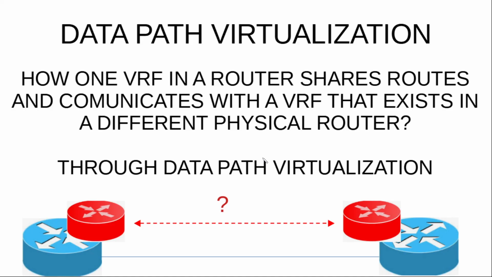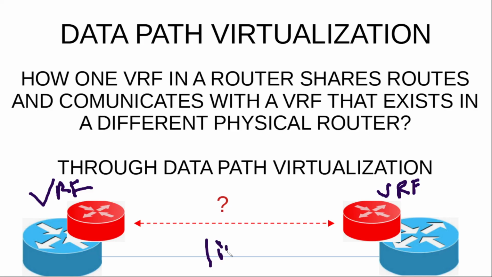Now that you have successfully created VRFs within your physical routers, the next question arises. How are you going to be able to communicate these VRFs that exist in different separate physical routers through a single link?